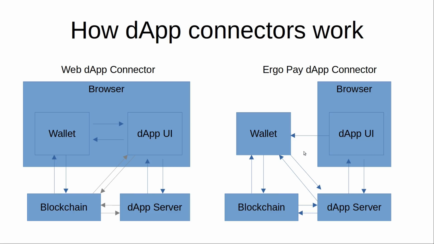This is a bit more complex for the dApp, but the dApp knows best what it wants to do for the user. So it has advantages for the dApp to directly communicate with the blockchain.